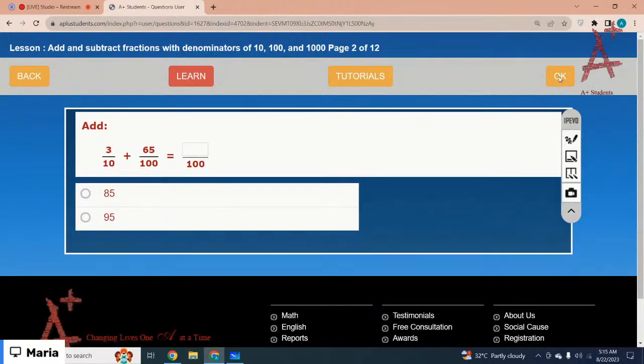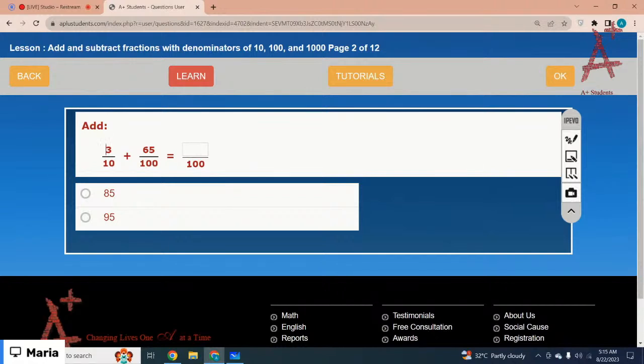Okay, the next one is 3 over 10 plus 65 over 100, which is the correct option? You have to multiply this 1 by 10, right? 10 times 3 is 30.